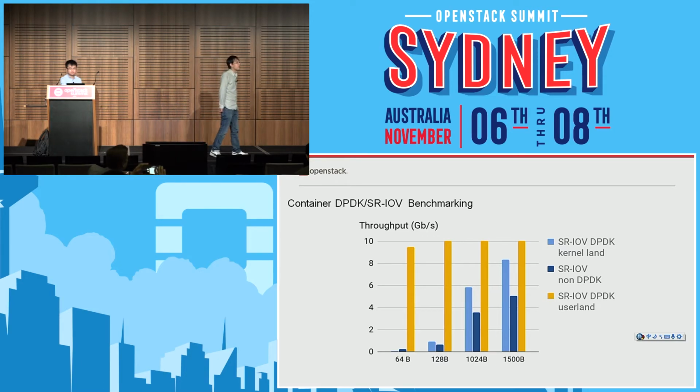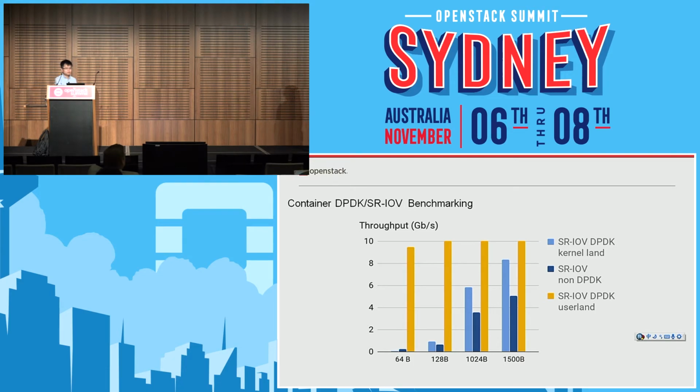We put the three scenarios together. One is SR-IOV without DPDK, and the other two are SR-IOV with DPDK, one running in user space, and the last one is SR-IOV with DPDK in the kernel space, where we run a container created by Zun with the SR-IOV device managed by Zun.